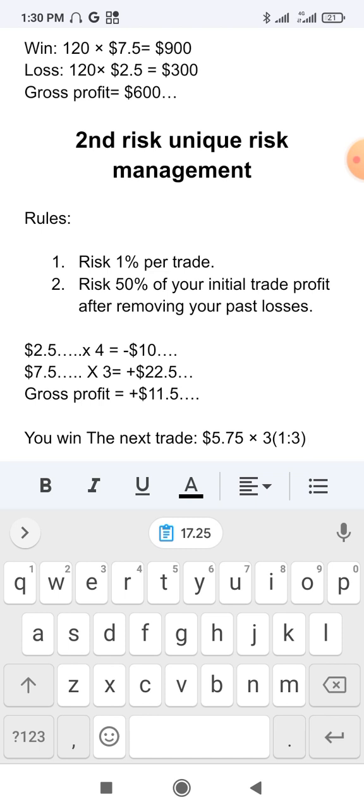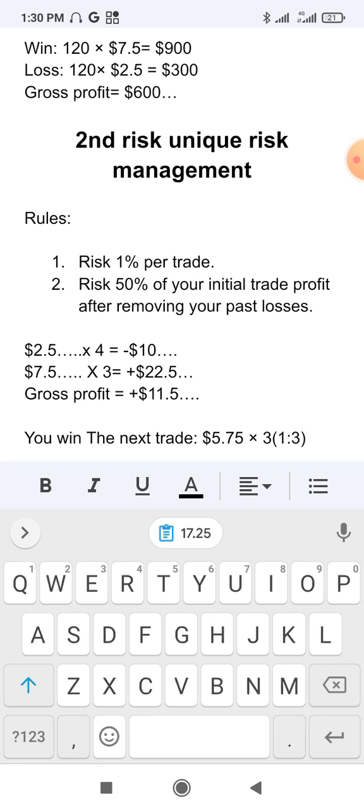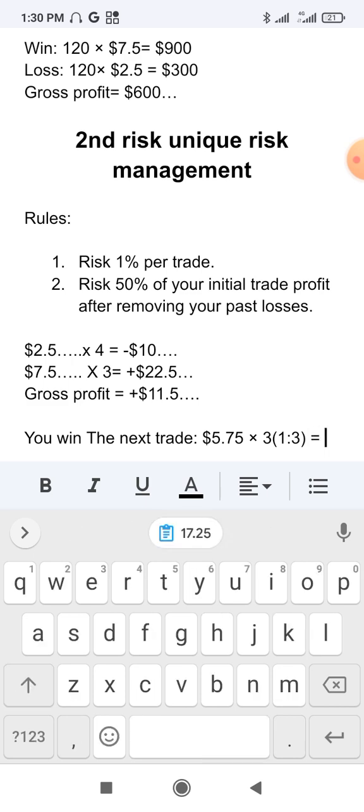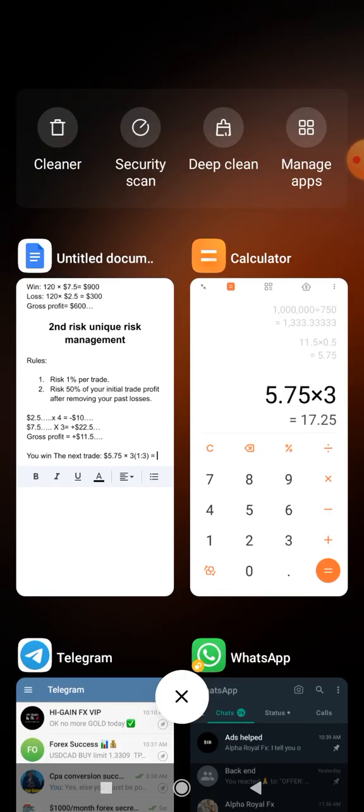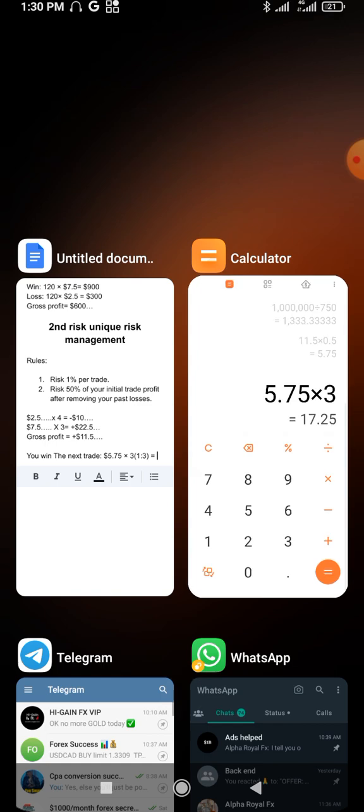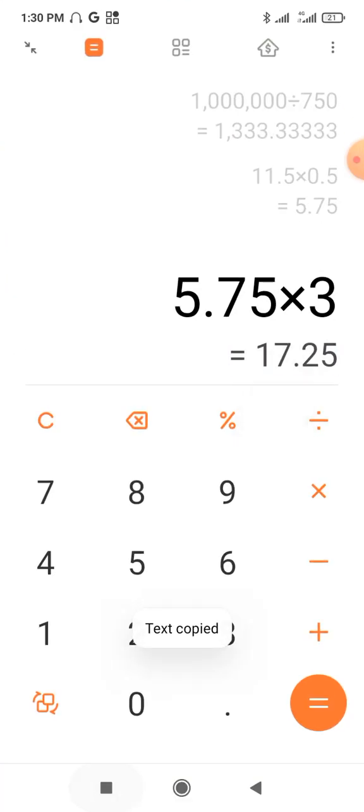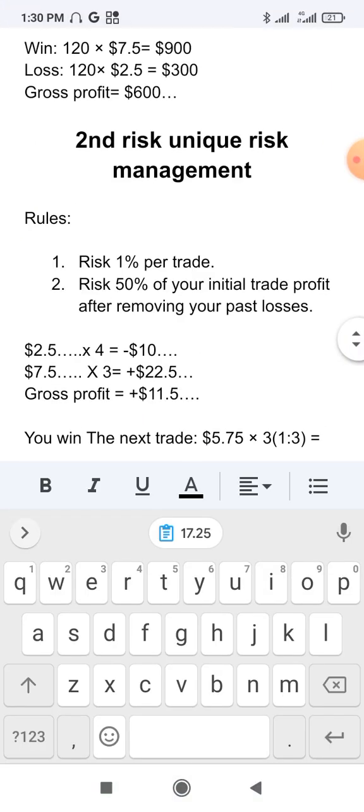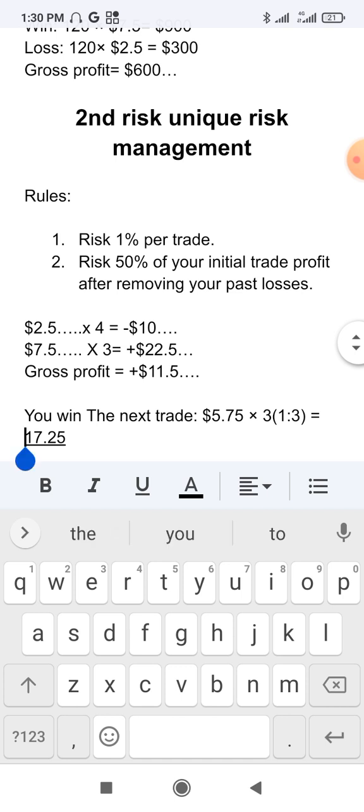So at the end of the day we are going to make $75.25 on that next trade if we win, right? But if we lose, we are going to lose $5.75, and we'll still be in profit overall.